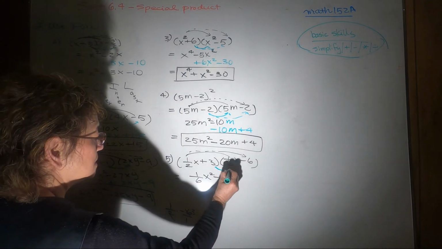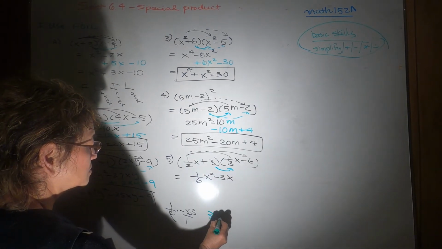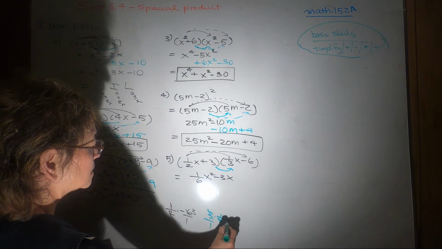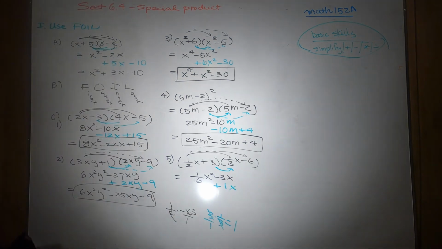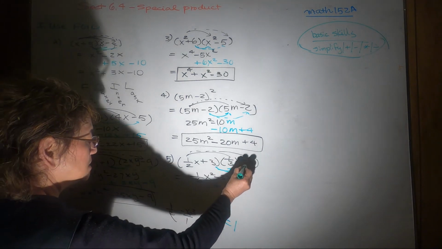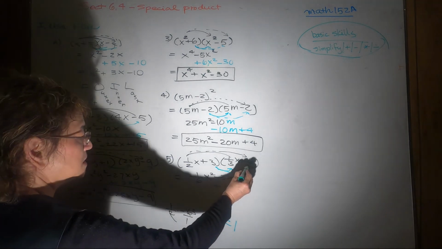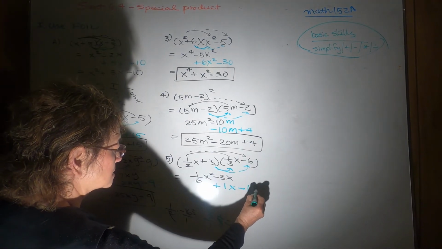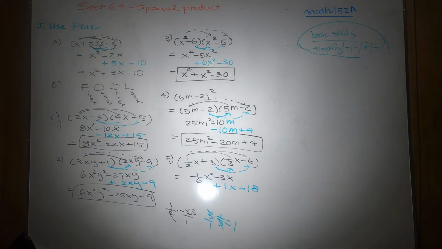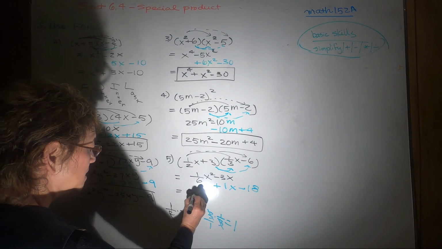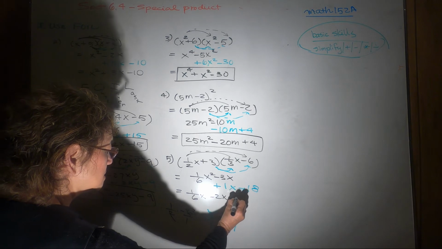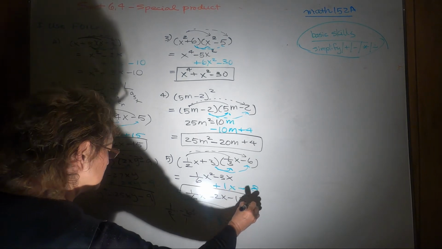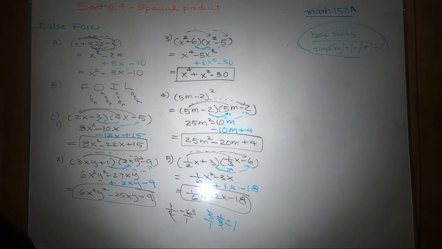Then this one, inner, 3 times 1/3, that would be what? 1x. So you plus 1x or just x. Then the last one, right? So 3 times negative 6 is minus 18, right? Then we'll combine like terms. That would be 1/6 x squared minus 2x minus 18, right?